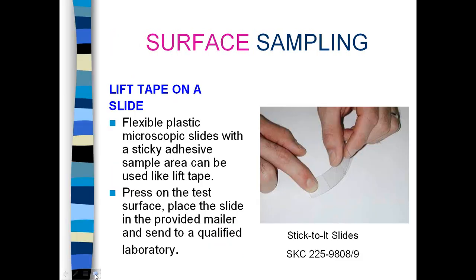SKC offers flexible plastic microscopic slides with a sticky adhesive sample area, and we call these slides Stick-to-Its. You simply press onto the test surface, then put the slide into the plastic mailer provided, and send it to a qualified lab for microscopic analysis.